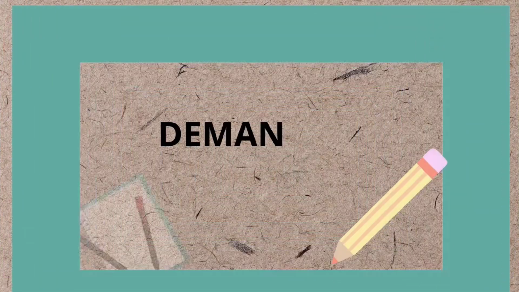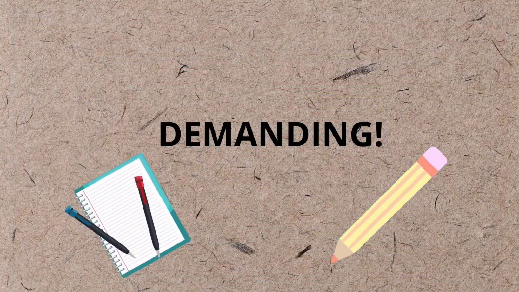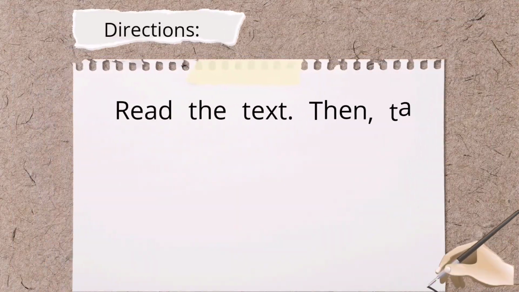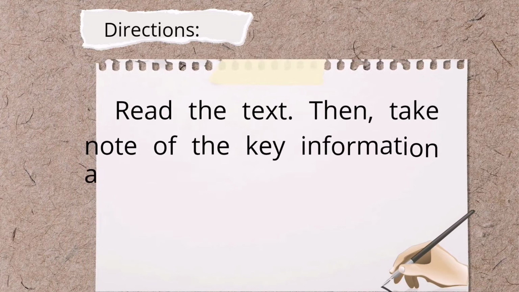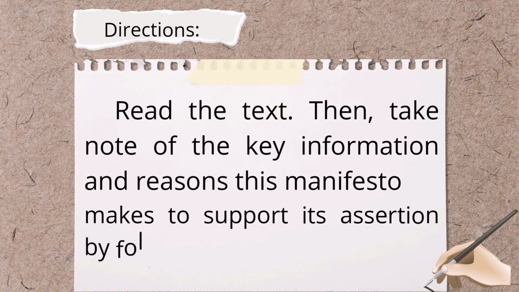Now that you have learned about manifesto and the arguments, let's do this short activity. Read the text, then take note of the key information and reasons that this manifesto makes to support its assertion by following these instructions.